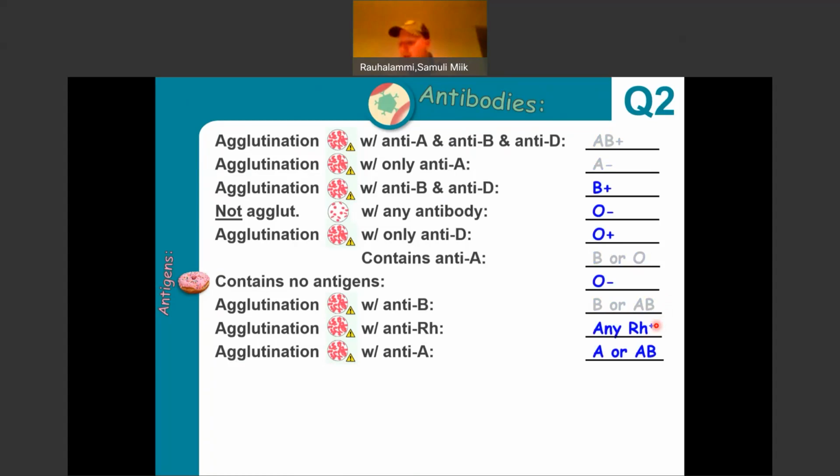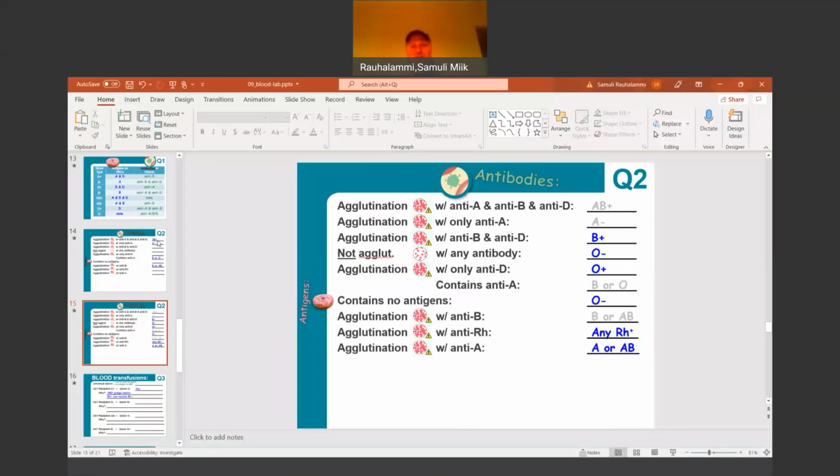And then I'm finally asking what blood types could agglutinate with anti-A serum? Well, that's going to be A or AB blood type. So that should be clear from what we did, looking at those blood bottles, looking at what sort of mixtures we could do, as we saw in these pictures.